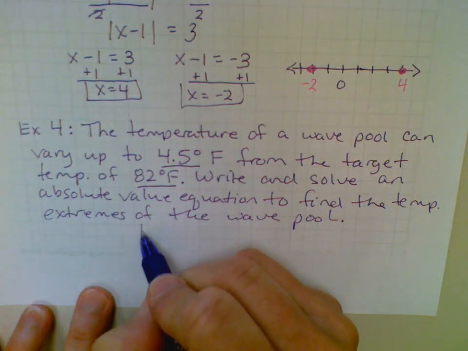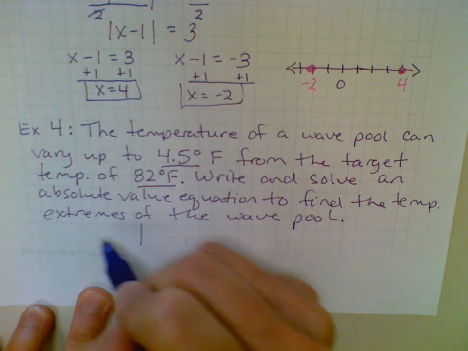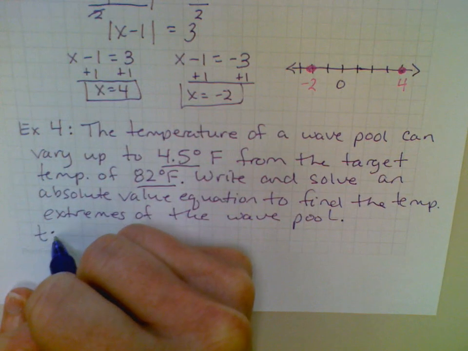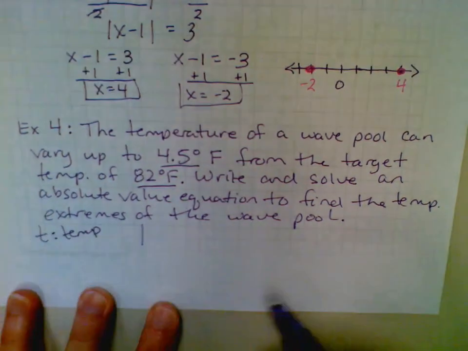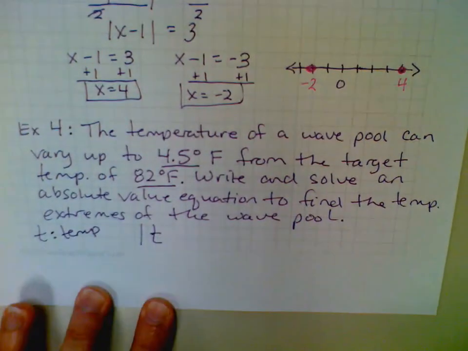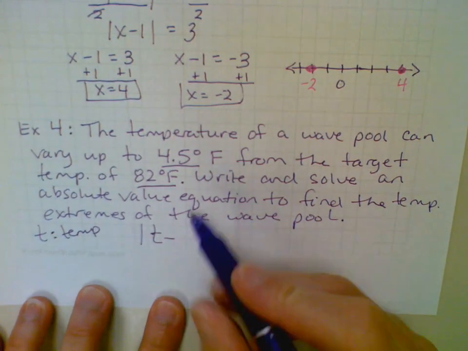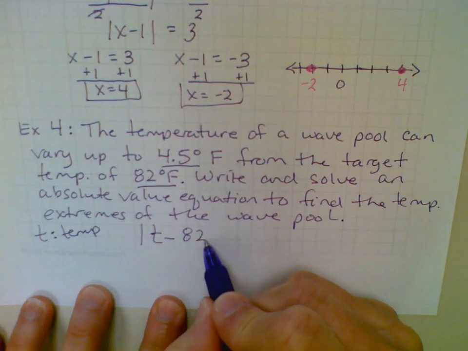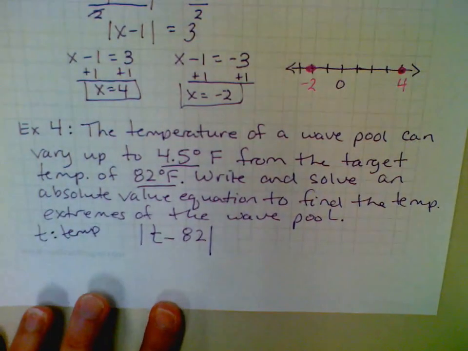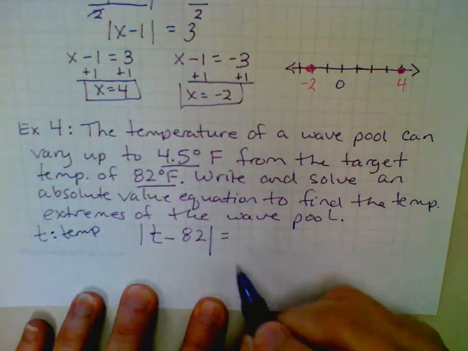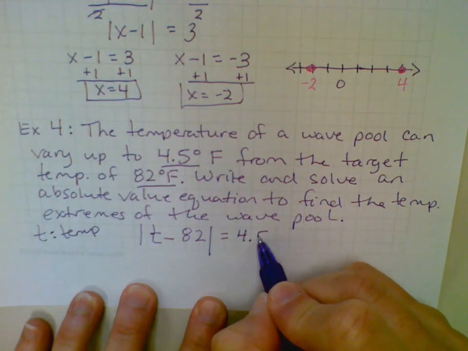So my equation, I'm going to use T for my variable for temperature. So T, I'm going to do minus, and then I'm going to put the target temperature inside, and I'm going to set it equal to the temperature that it can vary up to by 4.5 degrees.